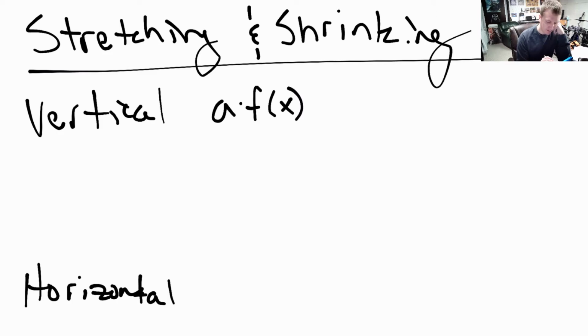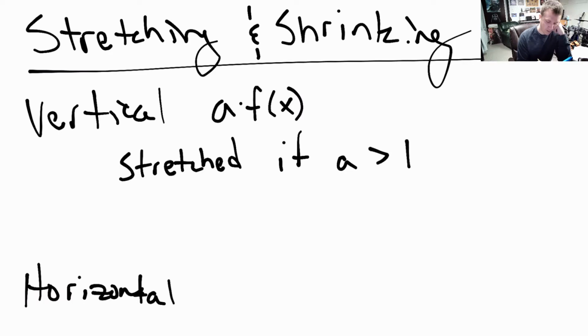So it is stretched, so that means made taller, if a is bigger than 1. And I should say the absolute value. If A is negative, you do get a stretching, but you also get a reflection.